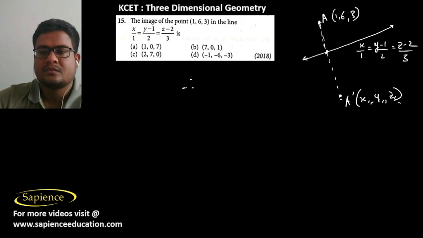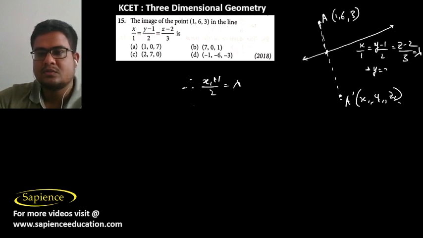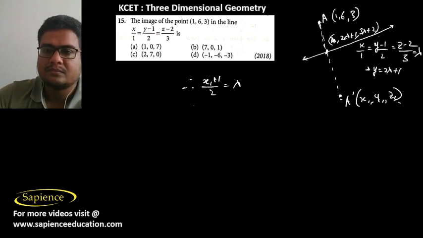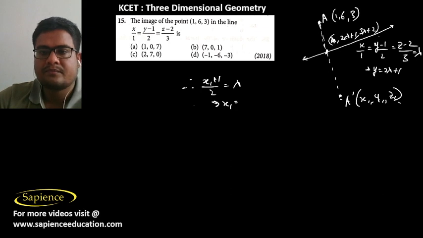So if I say this is equal to lambda, suppose, then x plus 1 by 2 is equal to lambda, and from here y equals 2 lambda plus 1. So any point on it, the coordinate is lambda comma 2 lambda plus 1 comma 3 lambda plus 2. This is the midpoint. So x1 plus 1 by 2 equals lambda, so x1 is 2 lambda minus 1.